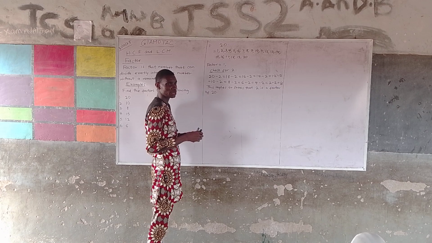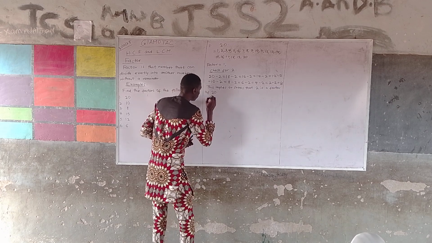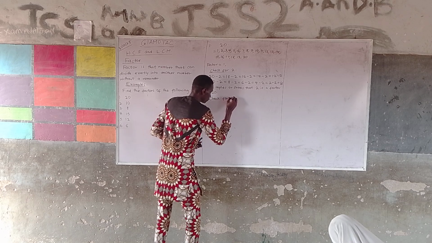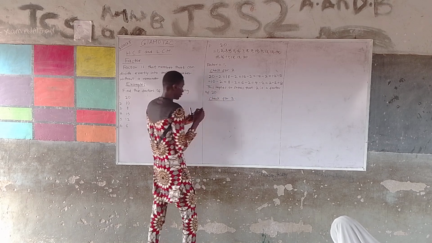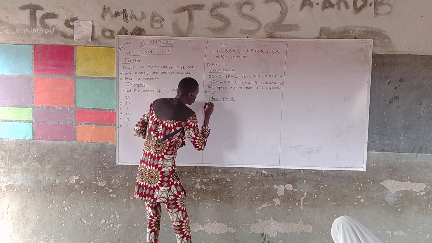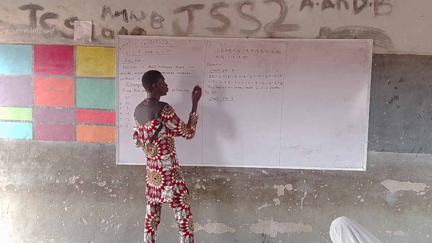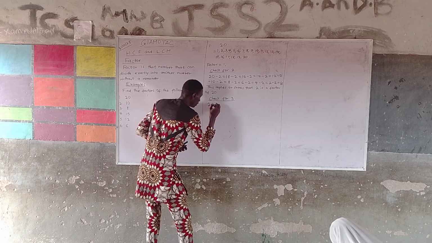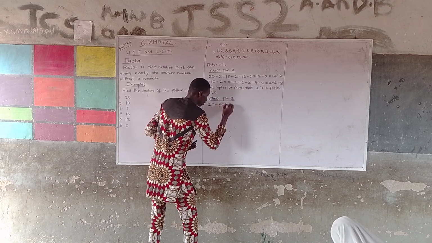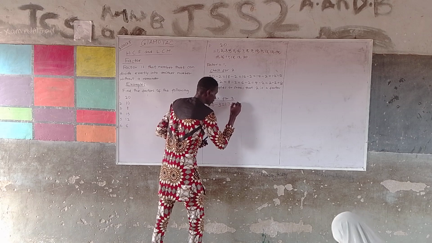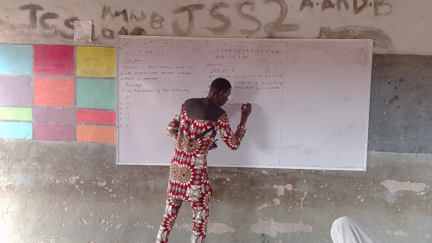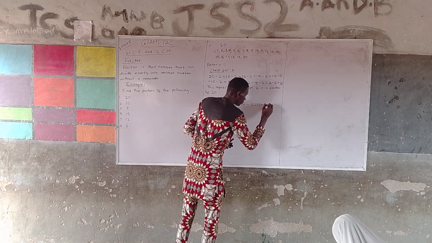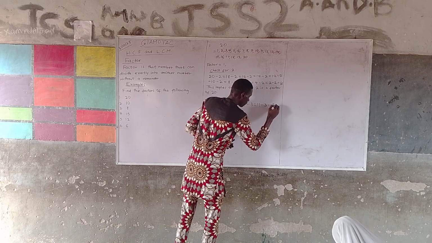Now let's try out another number. Pick 3. Check for 3. Start subtracting 3 from your 20. 20 minus 3, that's 17. Minus 3, that's 14. Minus 3, that's 11. Minus 3, that is 8.